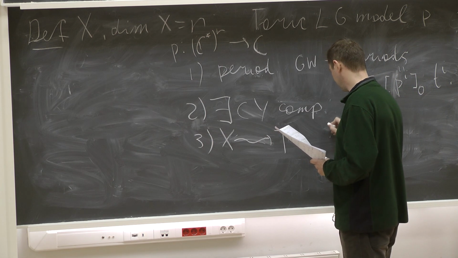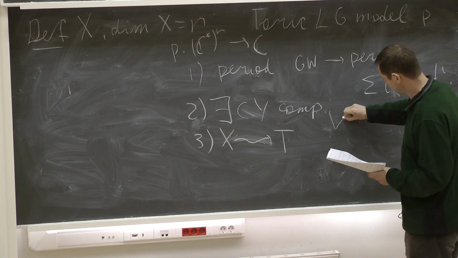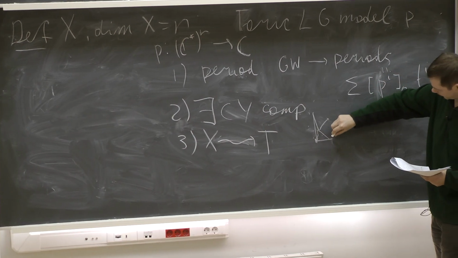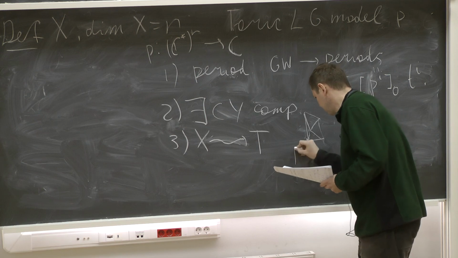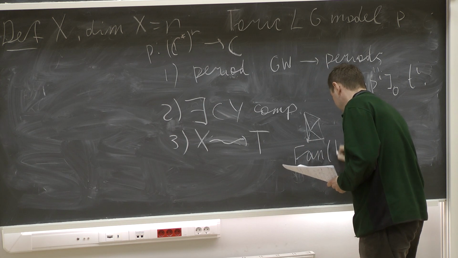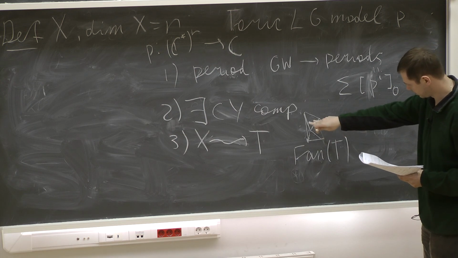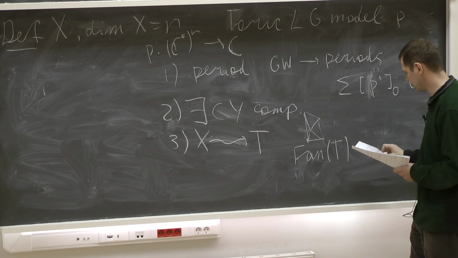such that if we draw the fan of this toric variety and consider its fan polytope, the polytope that is the convex hull of generators of rays of this fan, it should be the Newton polytope of P. It's not the dual polytope, but the polytope defined by the fan itself, not by its dual.